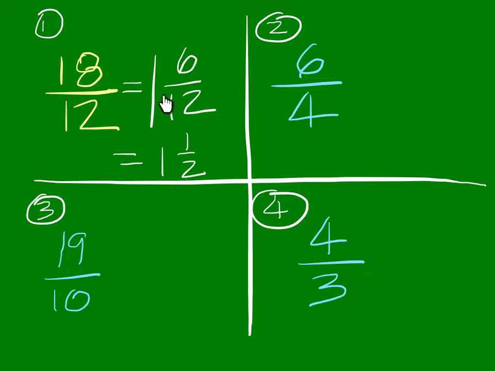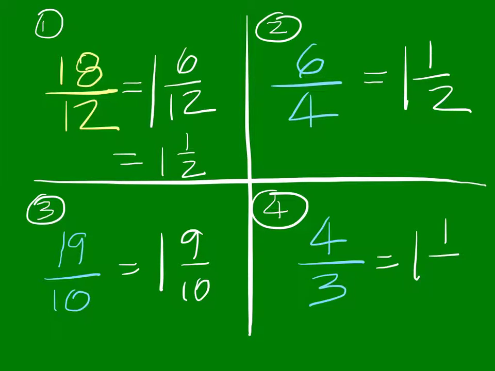You put the 6 over the 12 and then reduce 6 over 12. For 2, 3, and 4, you should have 1 1/2, 1 9/10, and 1 1/3.